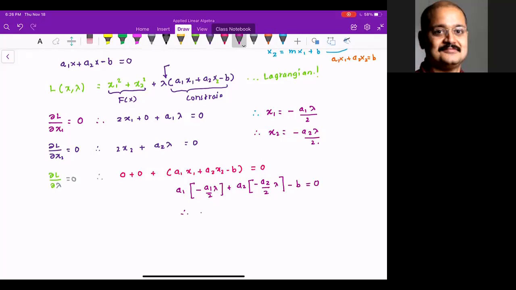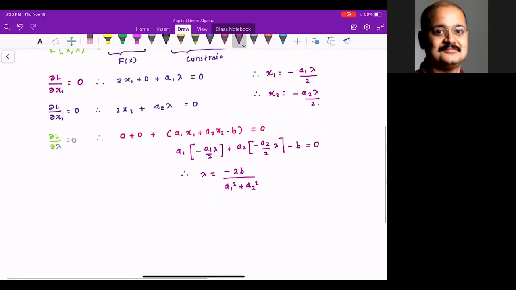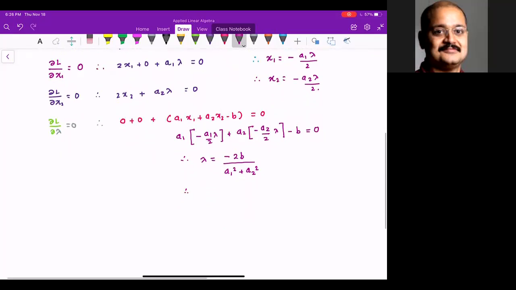So from here, you can find out the value of lambda. That value of lambda is minus 2b divided by a1 square plus a2 square.